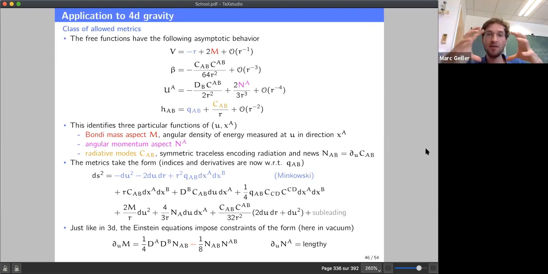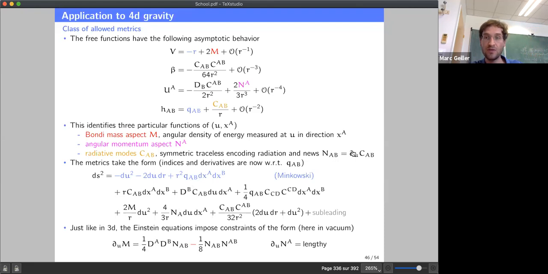If we integrate this quantity over all of the 2-dimensional celestial sphere, imagine that we compute the integral of du M, you see that this first term is a total derivative. Sorry, these are covariant derivatives with respect to the metric q_AB. So this first term drops because it's a total angular derivative, and we are left with the second term, which is the square of the news tensor.